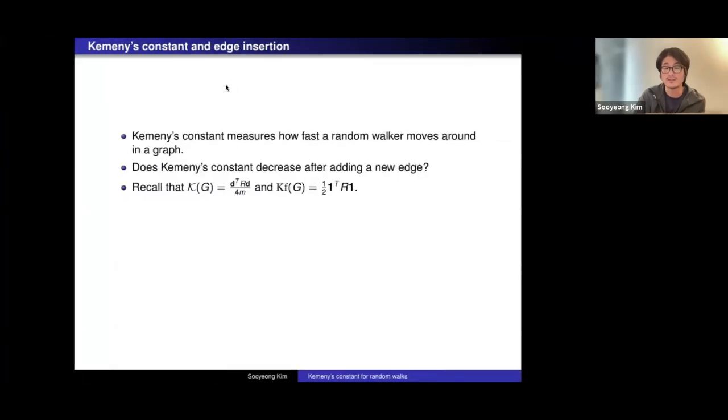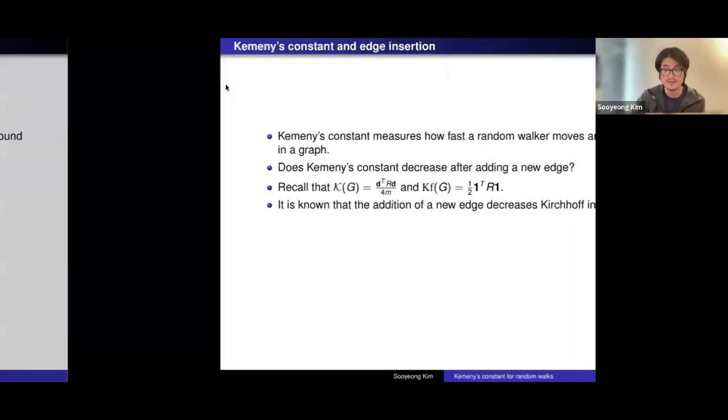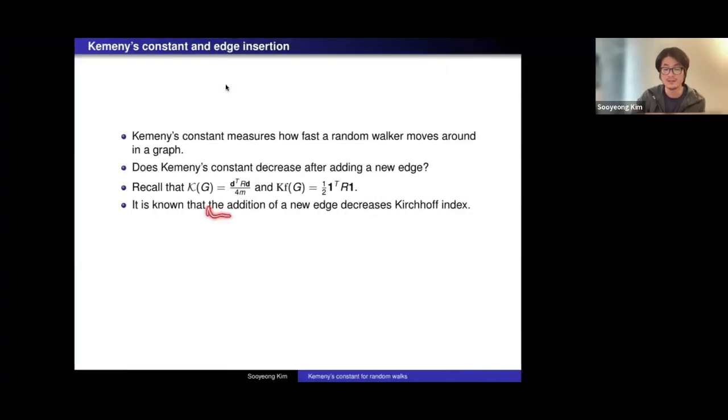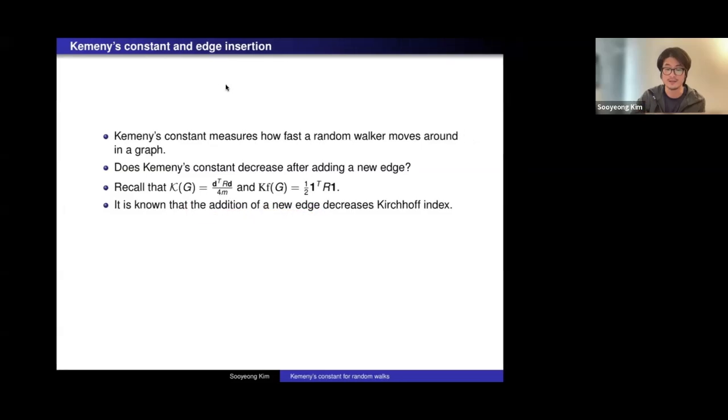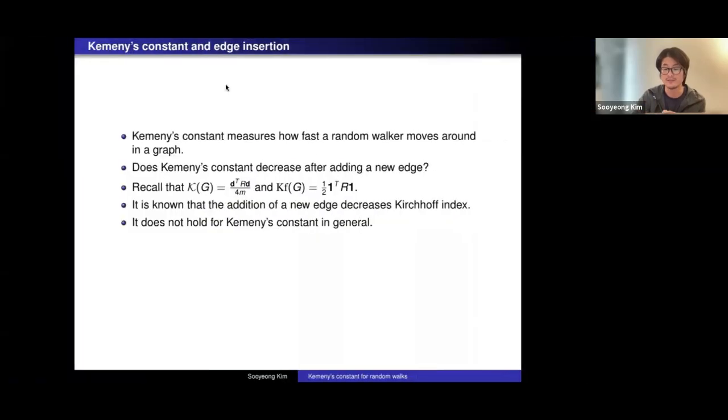This is a question, and here we have seen some relation between Kemeny's constant and the Markov index. On the Markov index side, it is known that the addition of a new edge always decreases the Markov index. But it does not hold for Kemeny's constant in general.